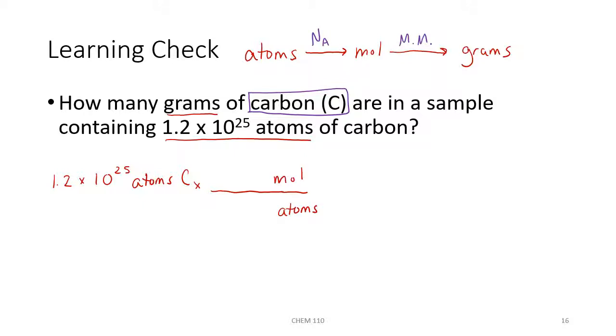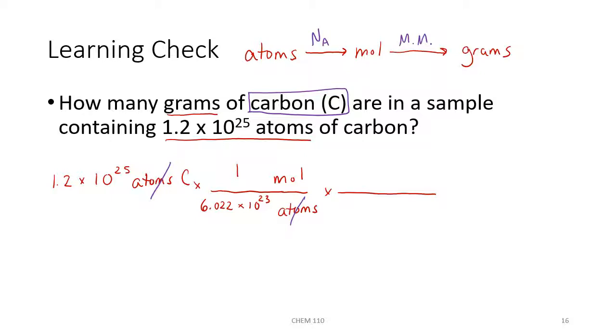Moles are going to have to go in the numerator. 1 mole is Avogadro's number, 6.022 times 10 to the 23rd atoms of carbon. We can see our atoms would cancel. If we were to stop right here and calculate, we'd be in moles. But we don't want to just stop in units of moles, we want to go all the way to grams.